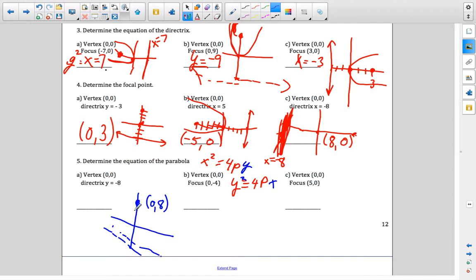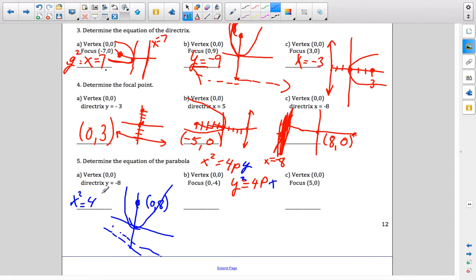Now I need to put it into my formula. I'm going to be going up, and it's going to open like this, not below my (0, 0). Since I'm going up, it should look like x squared equals 4py.